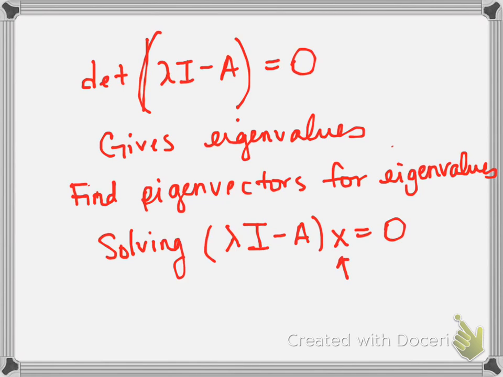So you're looking for all x that make this true, non-zero x, from your choice of eigenvalues. Solving that characteristic equation guarantees that there's some non-zero x that will make this true. Then that makes your eigenvectors.